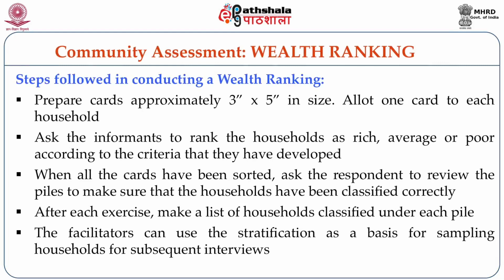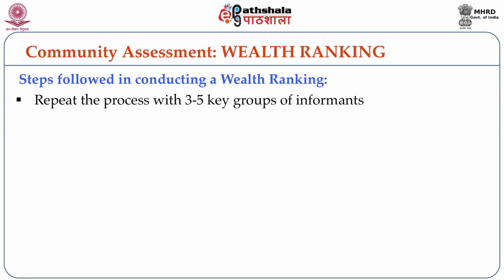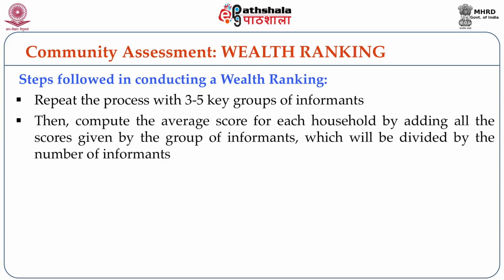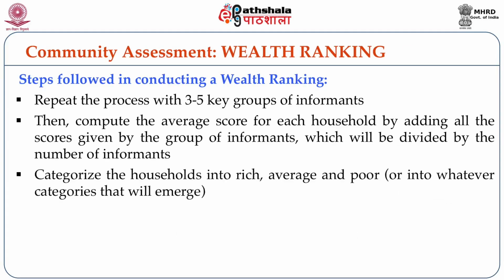So make a list of all the households classified under various categories, and then later on you will be able to understand how households can be stratified. Repeat the process with 3 to 5 key informants. Then compute the average score for each household by adding all the scores given by the groups of informants, and then you come up with the categories.